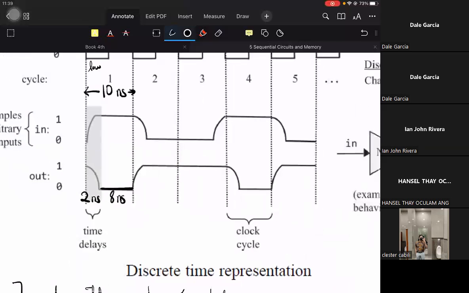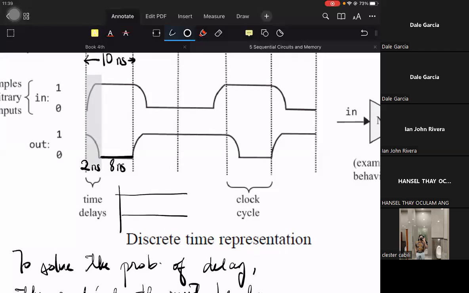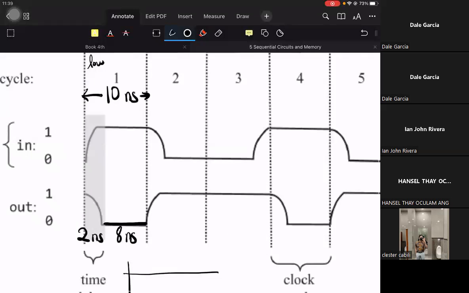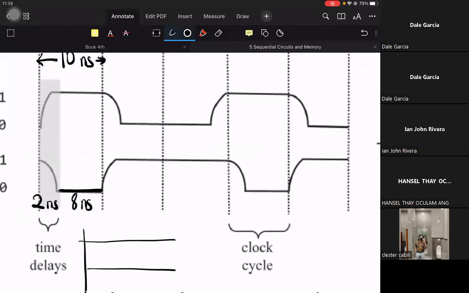Pwede na nato somehow model ang input-output to how we normally model it with ideal conditions, no? So delay aside, because the actual cycle is longer than the maximum delay, it made the delay arbitrary because the output already has stabilized.